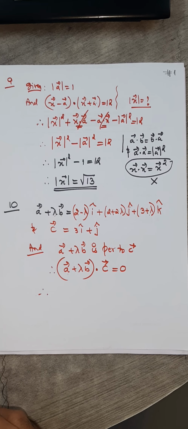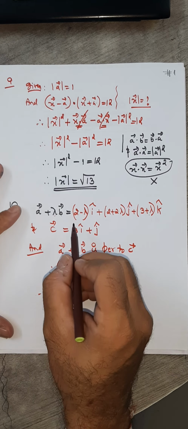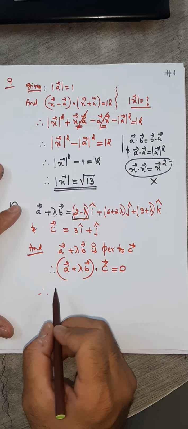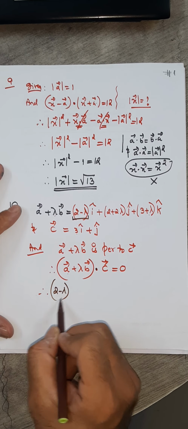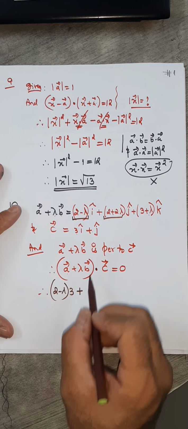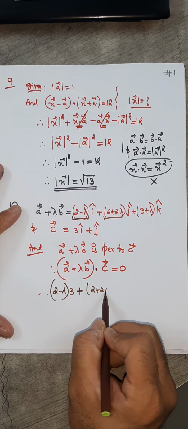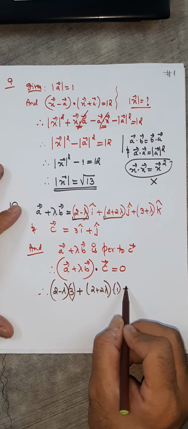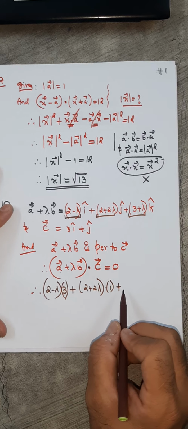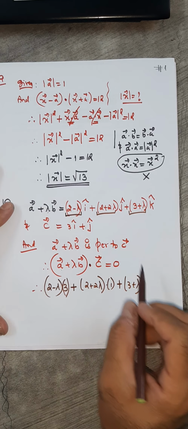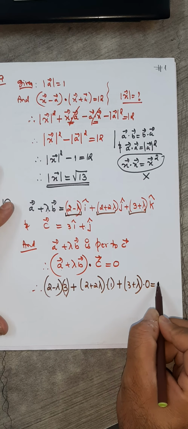So now we are just multiplying these two, remember. How do we get the dot product? This into 3. 2 minus lambda into 3. Plus this into 1. So 2 plus 2 lambda into 1. Here 3, remember. Plus here what do we have? 3 plus lambda into what's k term, that's not there, means coefficient is 0.